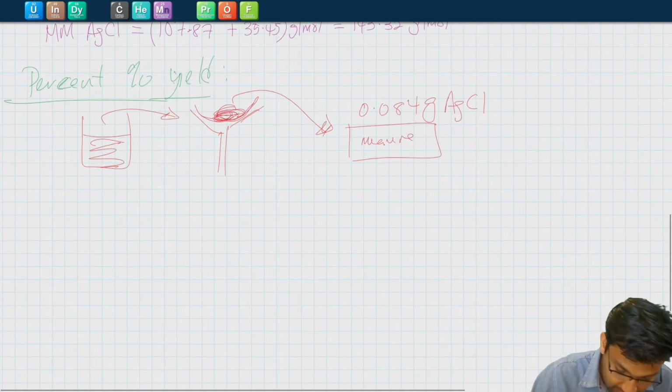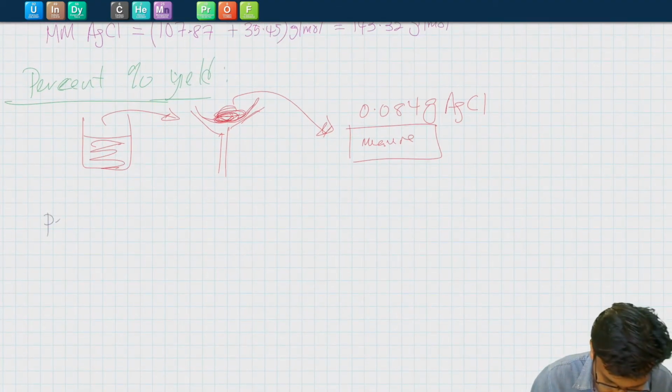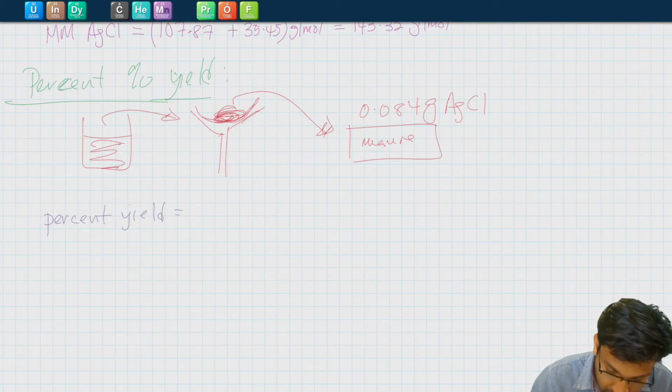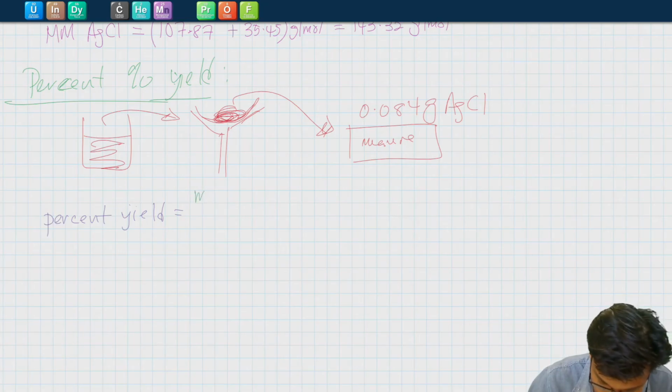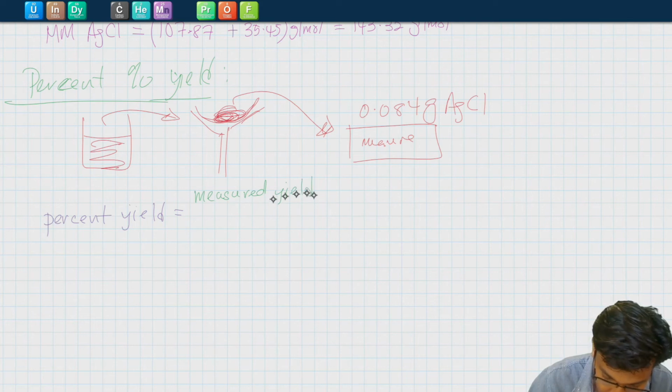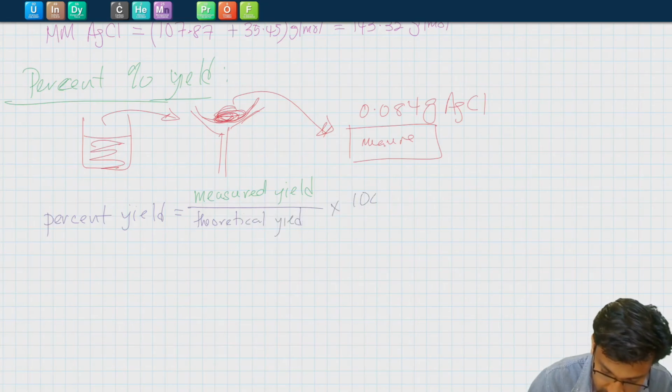Okay, let's look at that. So our percent yield will just be how much we actually got. So let's use a better word, measured yield, divided by our theoretical yield, all times 100%.